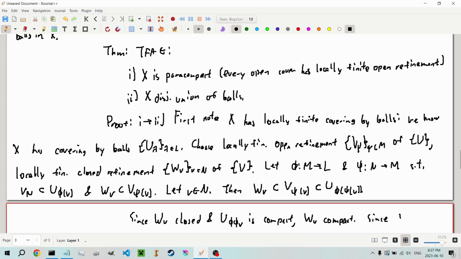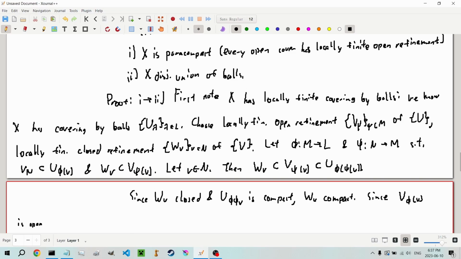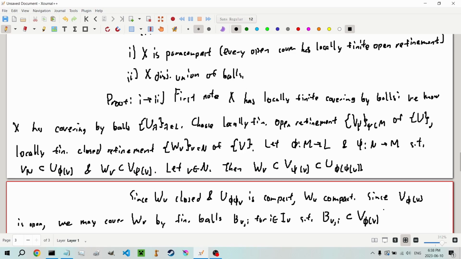Then, since V of C of nu is open, we may cover W of nu by a finite number of balls B nu comma i, for i being an indexing set, such that B of nu and i is contained within V of C of nu for all i.